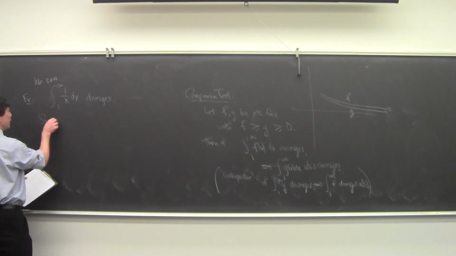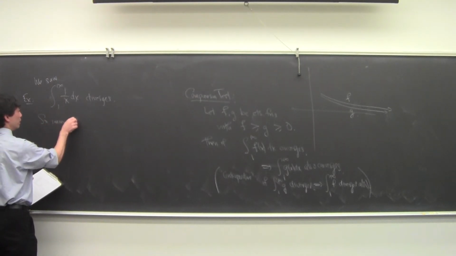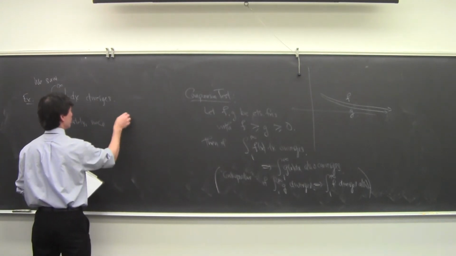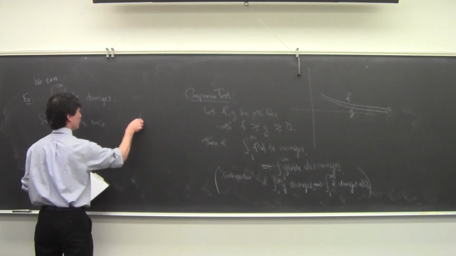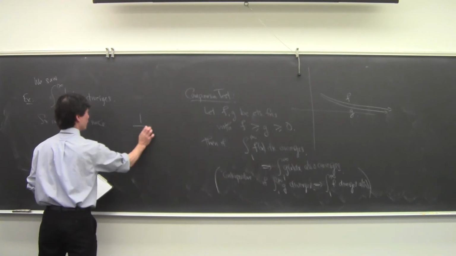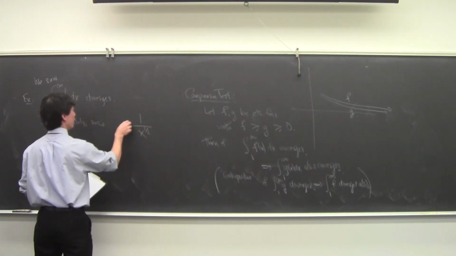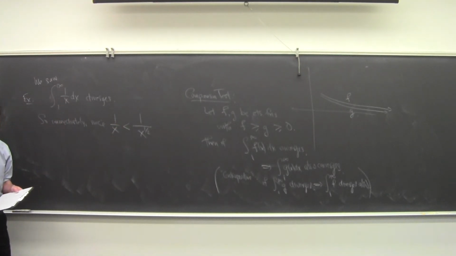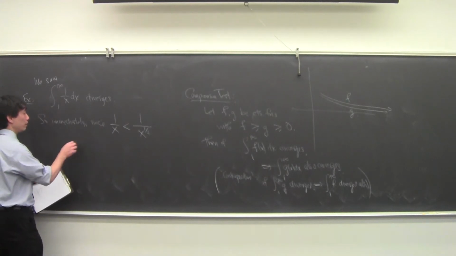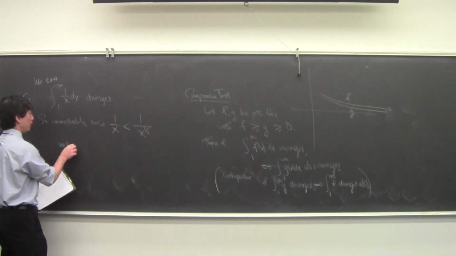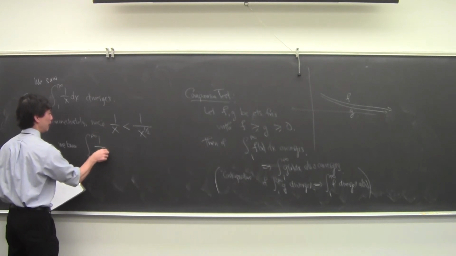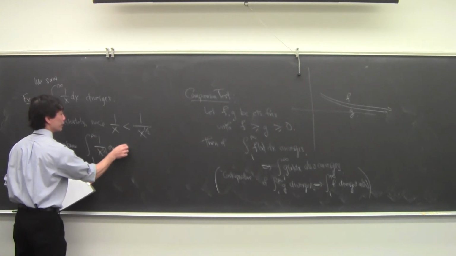So immediately, since, for example, if I look at 1 over x to the half, well, that's bigger than 1 over x. We know that the integral from 1 to infinity of 1 over x to the 1/2 diverges.